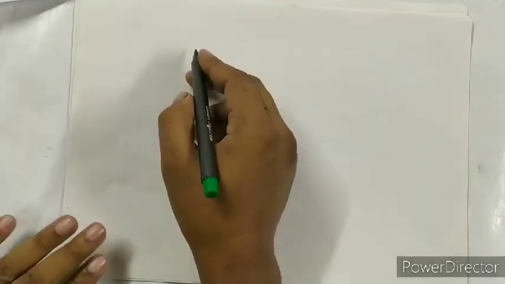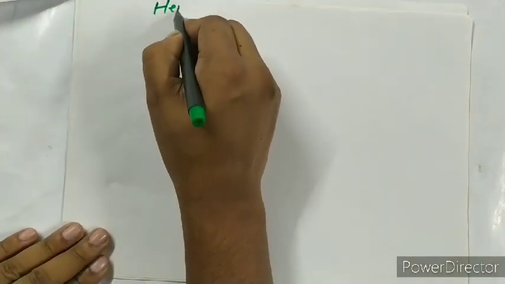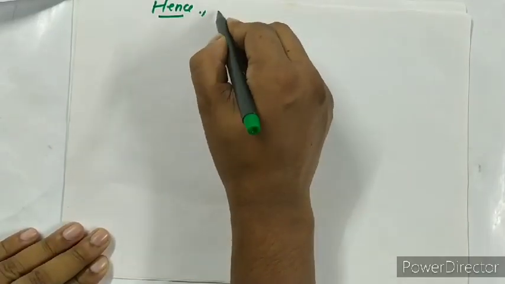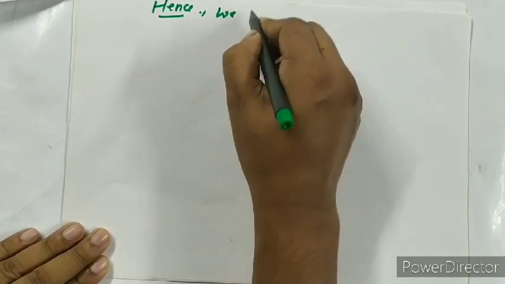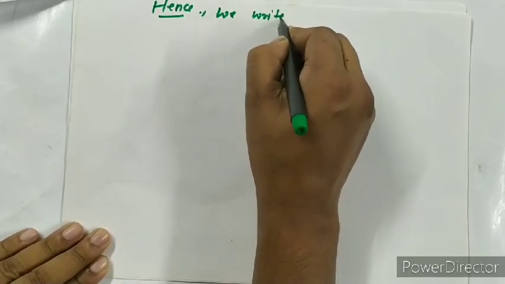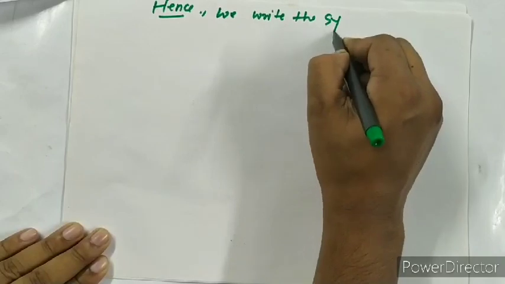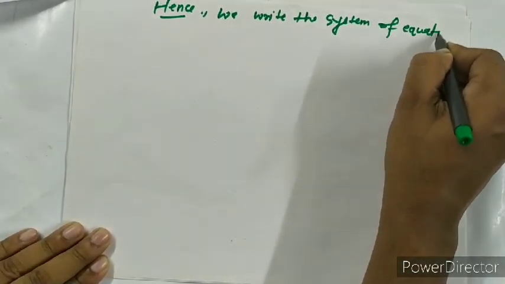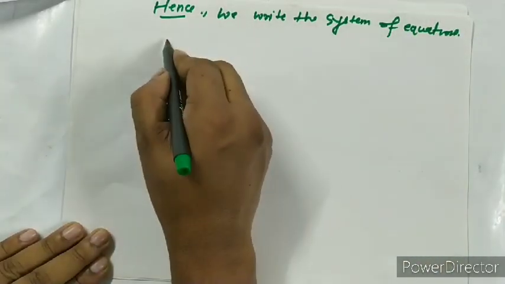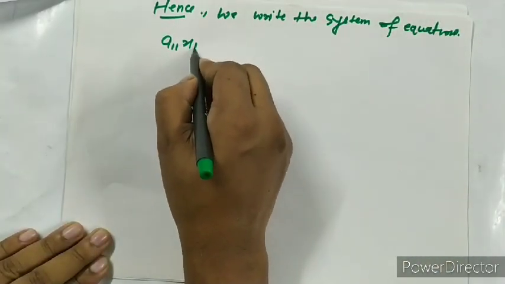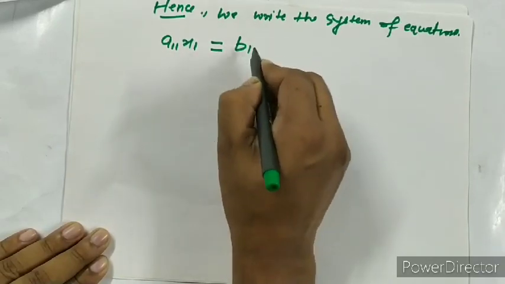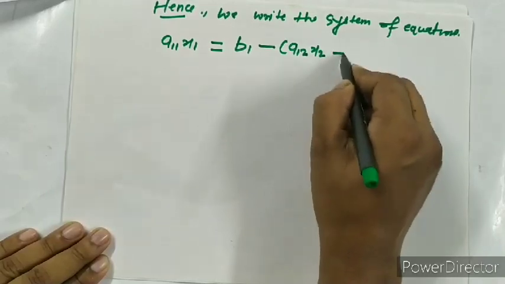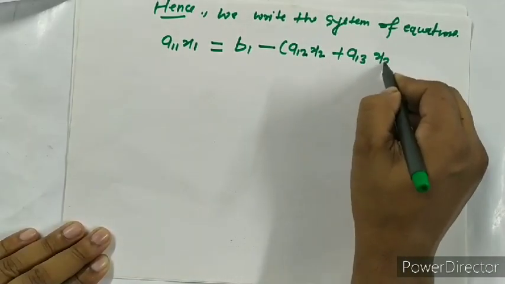As the above matrix is written, we write the system of equations: A11 x1 is equal to B1 minus (A12 x2 plus A13 x3).